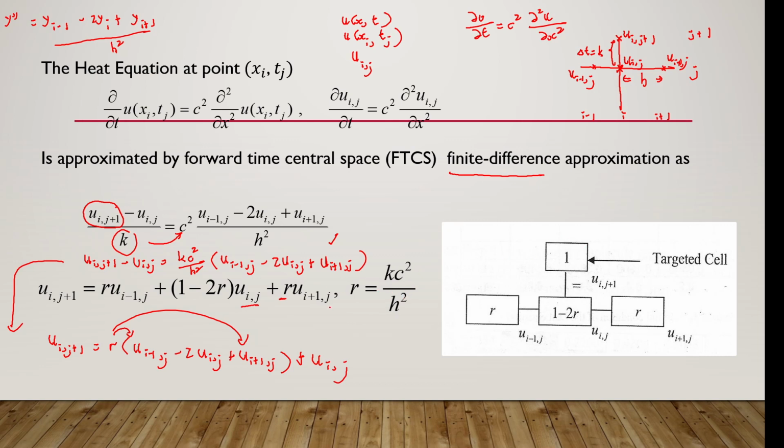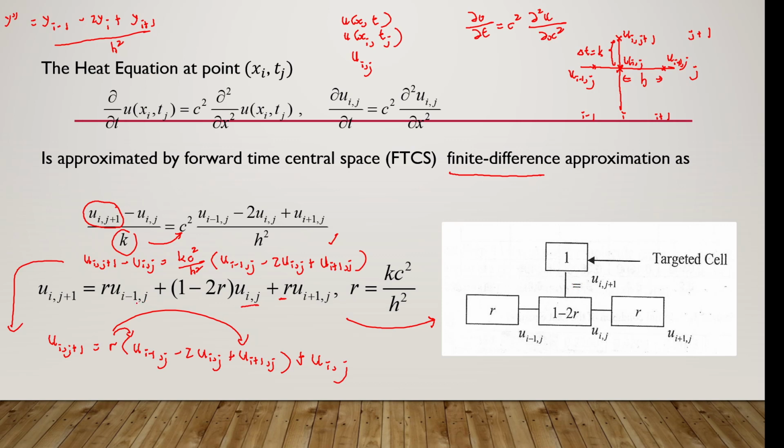From here it will be easy if you represent it using the molecule, because it's easier to remember the graphic rather than the equation. If you notice here, u_i,j+1 means level j plus 1, which is the top level. You have 1 times u_i,j+1 equal to, you see here, level j, level j, level j.